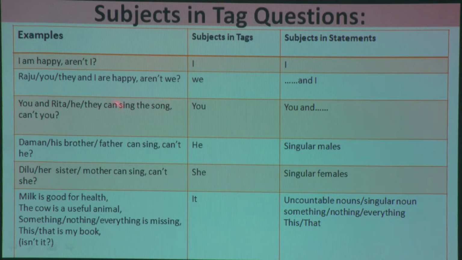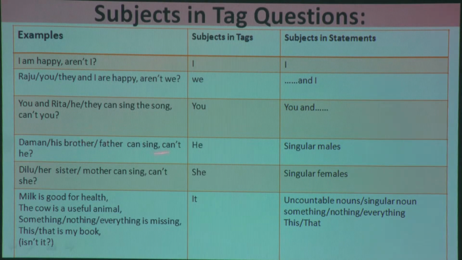Now, when speaking to a second person, you plus somebody, like you and Rita, he, they, it means you. For example: you and Rita, he, they can sing the song, can't you?